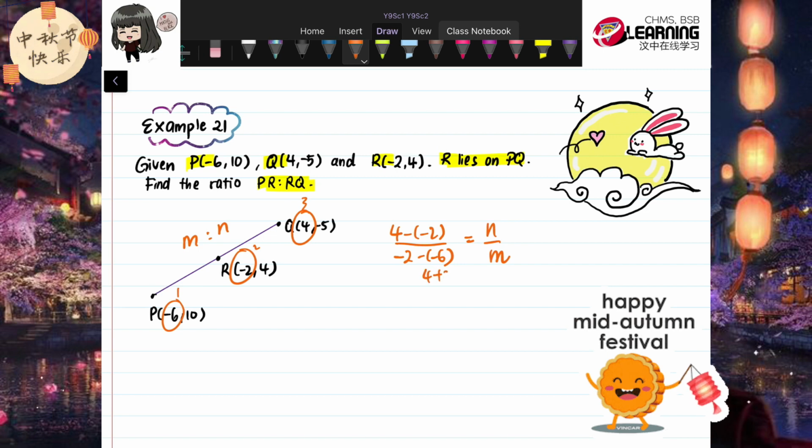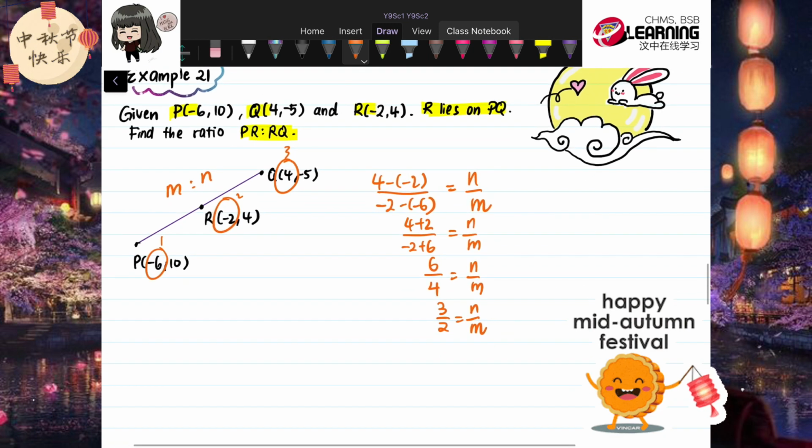This one becomes 4 plus 2, this one becomes negative 2 plus 6. So it's 6 over 4. And when you simplify, you will get 3 over 2. So meaning to say that your ratio of N to M is 3 to 2.